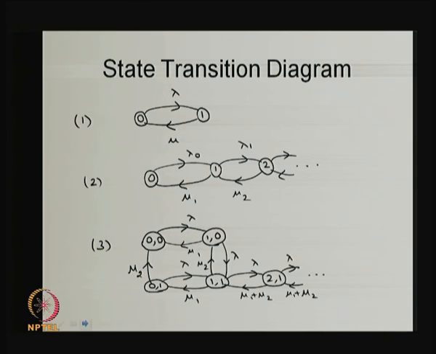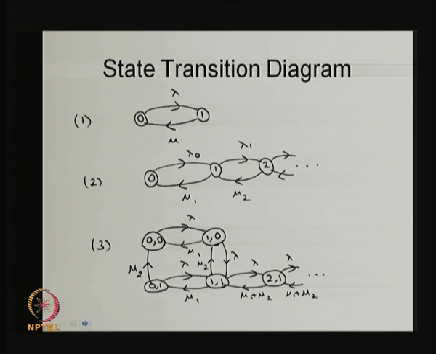The time spent in the state 0 before moving into the state 1 is exponentially distributed with the parameter lambda. Once the system comes to the state 1, the time spent in the state 1 before moving into the state 0 is exponentially distributed with the parameter mu.